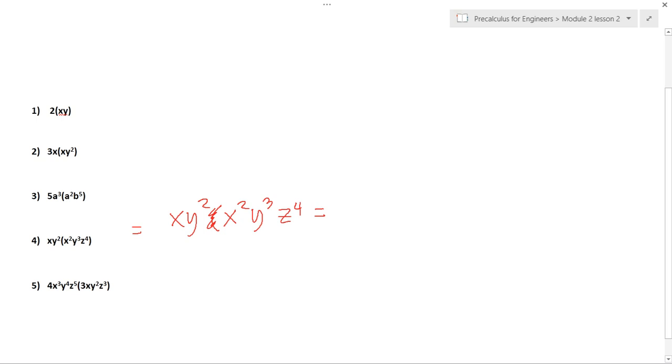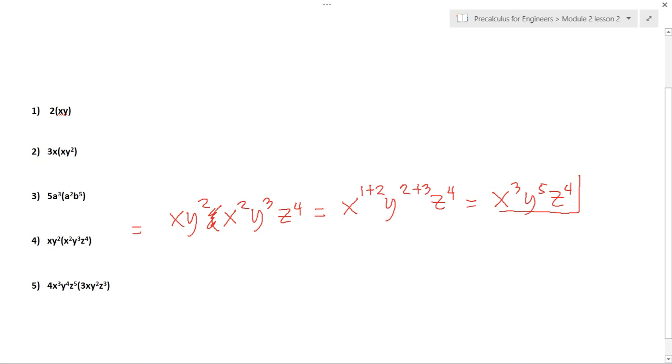To simplify this, combine same terms or same variables. So we have x here, 1 plus 2, then y here is 2 plus 3, then we only have 1 z. So simplify it further, we have x cubed, then y to the 5th, then z to the 4th. So this is the answer.